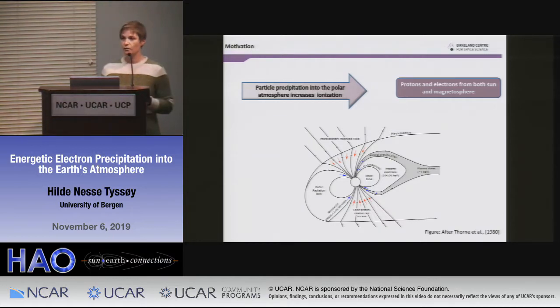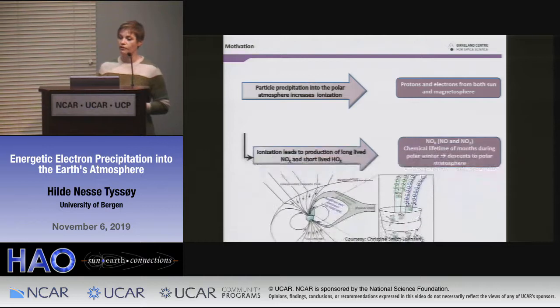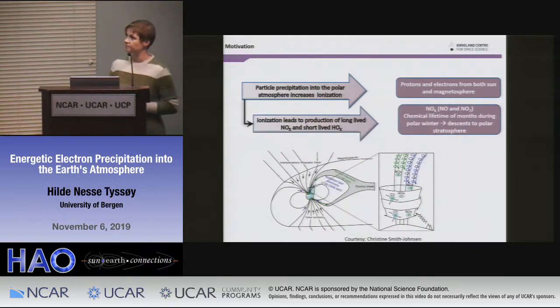But regardless of where they come from, particle precipitation increases the ionization, which initiates a series of chemical reactions, which increases the production of NOx and HOx gases.